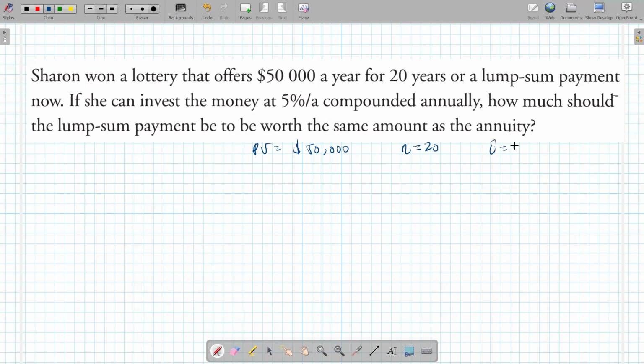Interest rate is also unchanged, 0.05. What do you think is the missing component here? What is missing? What is the question actually asking us?